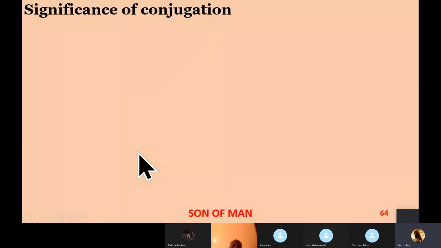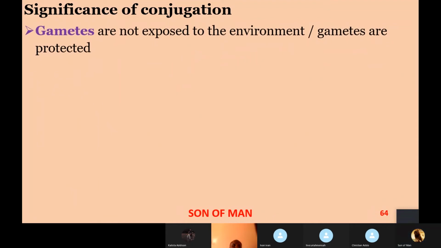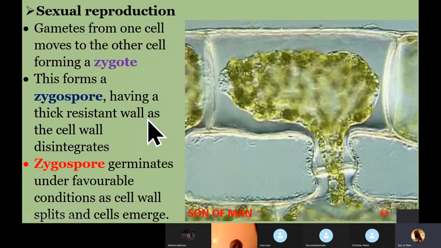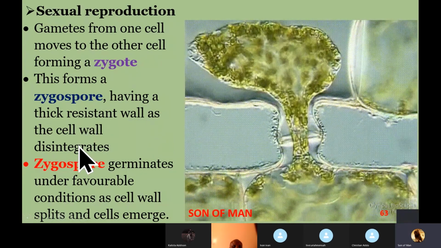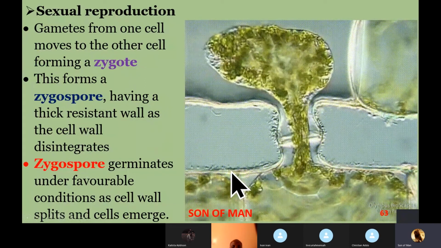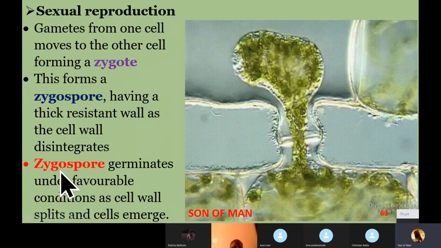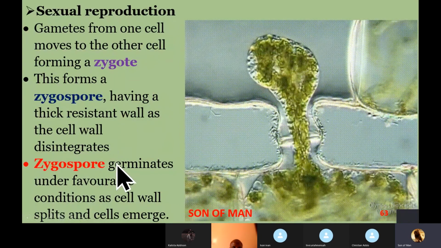Importance of the conjugation. Gametes are not exposed to the environment as they are well protected, because over here we did indicate that we'll get a thick resistant wall as the cell wall disintegrates. So the cell wall will be no more, but the thick resistant wall will protect it, and the zygospore is now well protected.